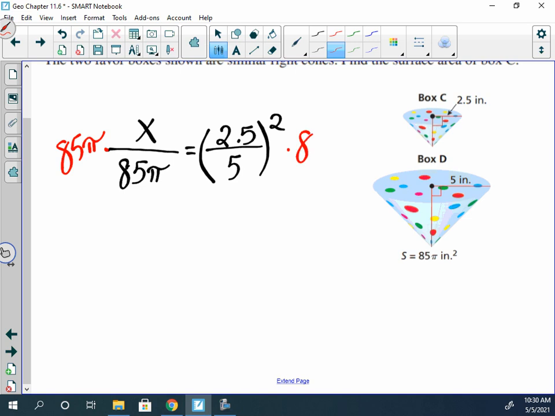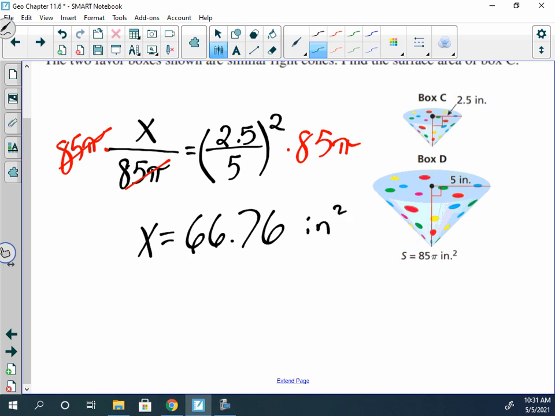Multiply both sides by 85 pi. And it would be inches squared.